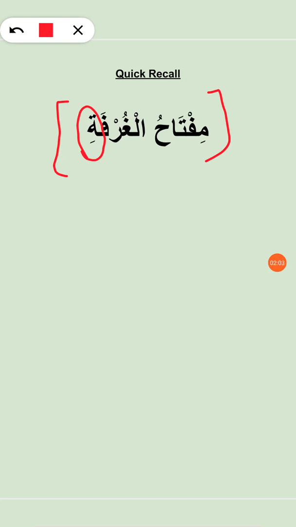Okay, so there are only two reasons for an ism to be in jar form, and what are those? First of all, either it could be following a preposition, a harf jar, in which case it is called a jar majroor fragment, and the other reason is that it is a Muzaff Ilaih. Now, how do we determine if it is Muzaff Ilaih? We go back and we check what's the word behind it.